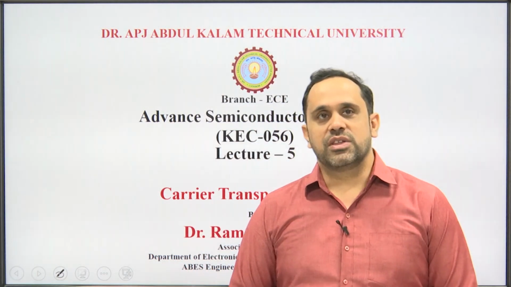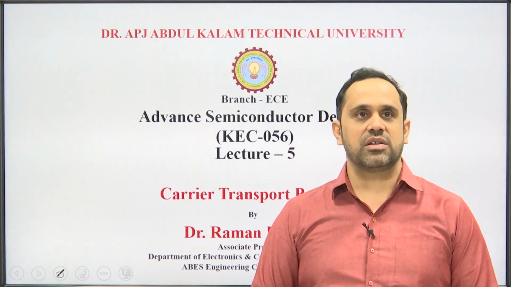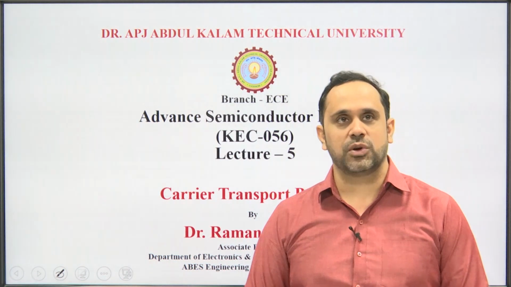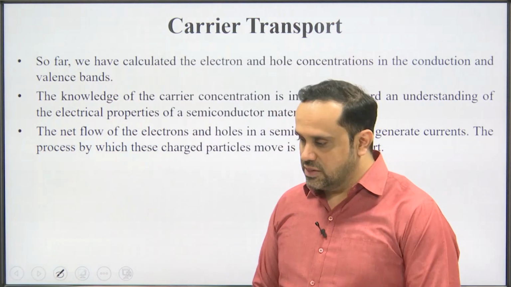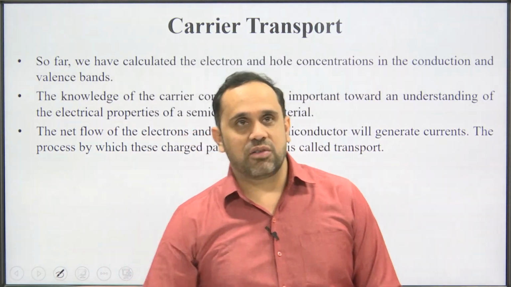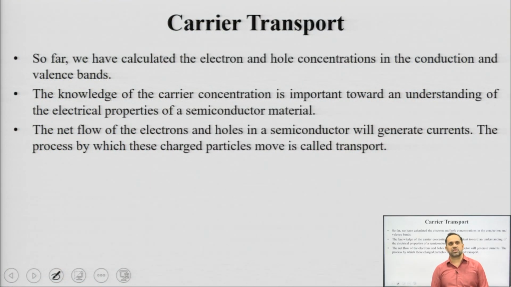Okay. So, in this lecture we are going to start a very useful topic when it comes to semiconductor devices. We are going to start the concept of carrier transport in these advanced devices. Till now we have focused our discussion on two things, mainly charges and the concentration of charges.